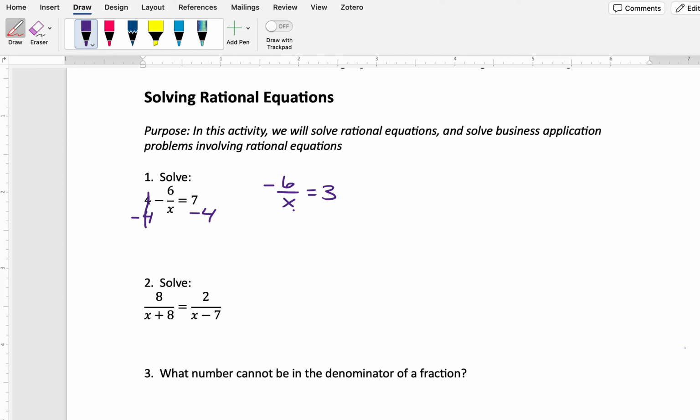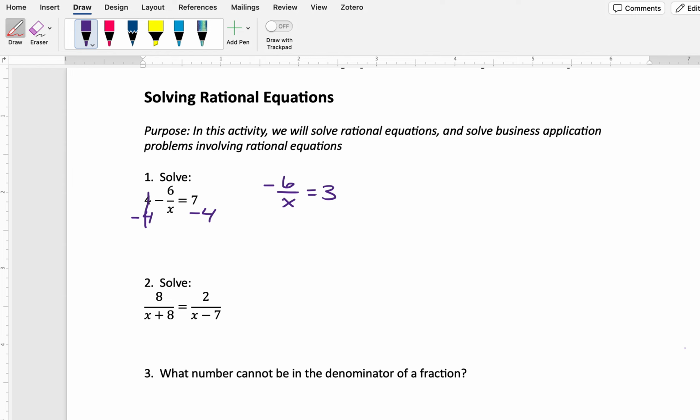So now you can either just think about what the answer would be, or you can continue solving. Essentially the question I'm asking myself here is, negative 6 divided by what equals positive 3? You might be able to just think about that and think, okay, the answer has to be negative 2. If not, that's okay. You can continue to solve.